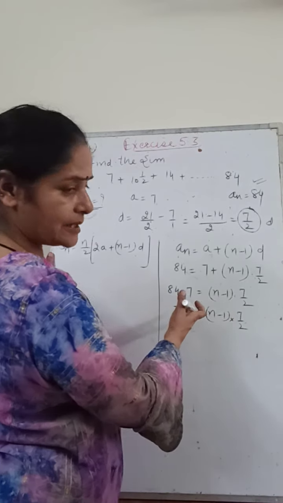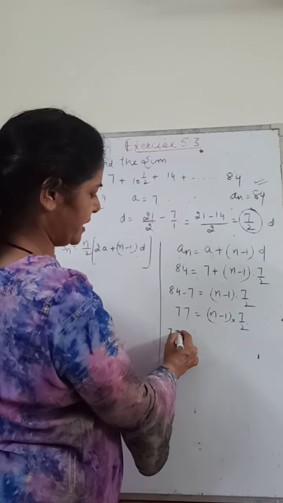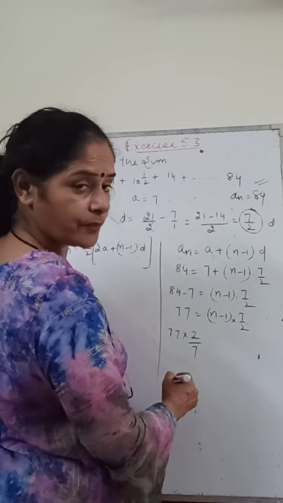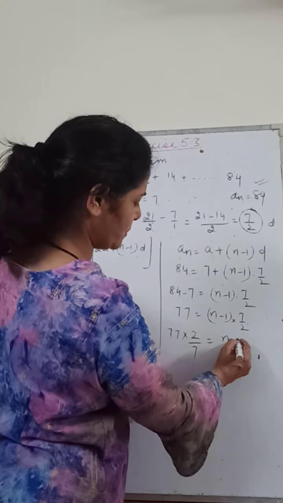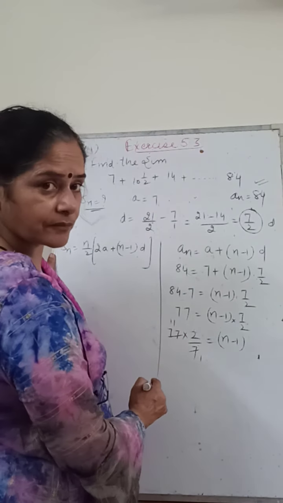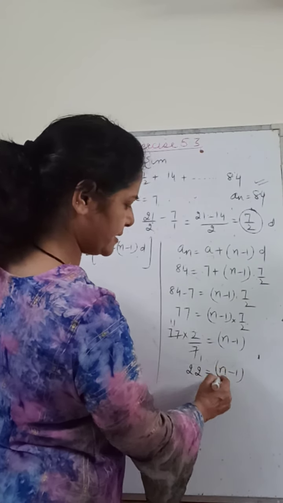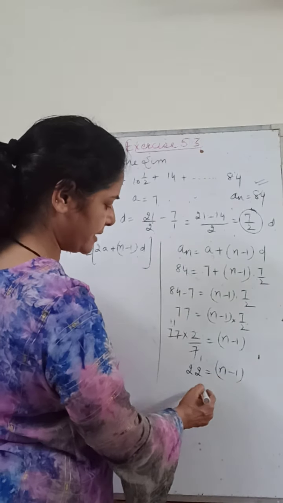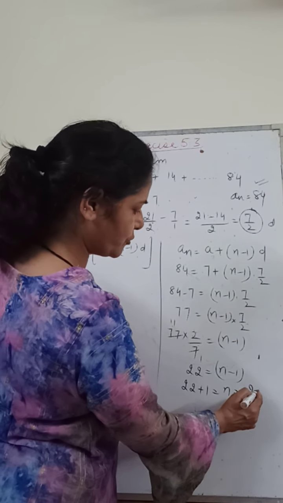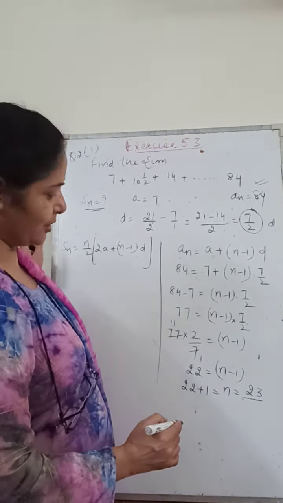This multiplier will reciprocate to the other side. It will be divided on the other side. So what will you get? 77, 2 will go up and 7 will come down, is equal to n minus 1. 7 11s are 77, 11 twos are 22, is equal to n minus 1. This minus will come to this side, it becomes positive. So n will come out to be 23. So you have got the value of n from here.